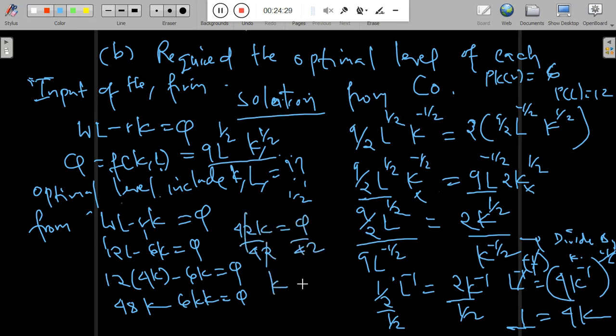Divide by 42 on both sides: K is equal to Q over 42.